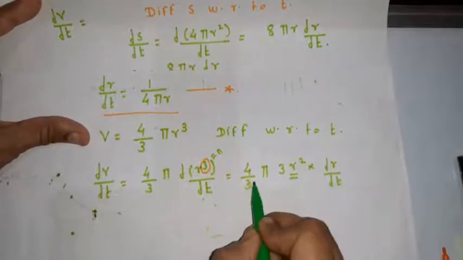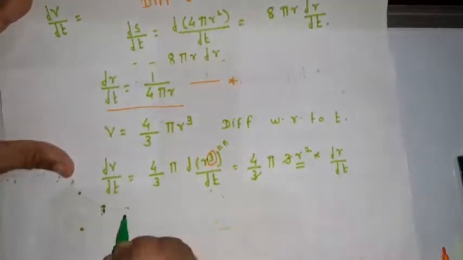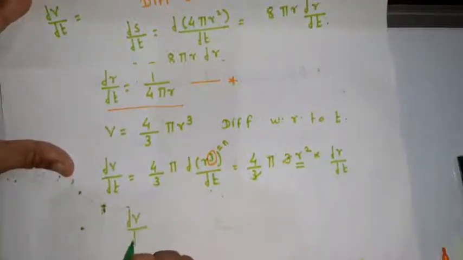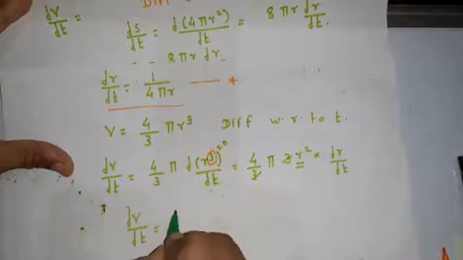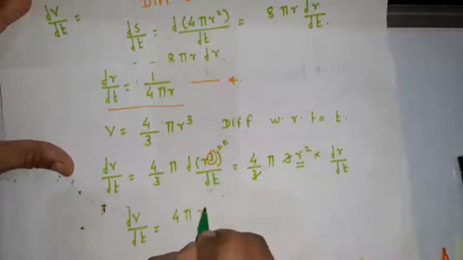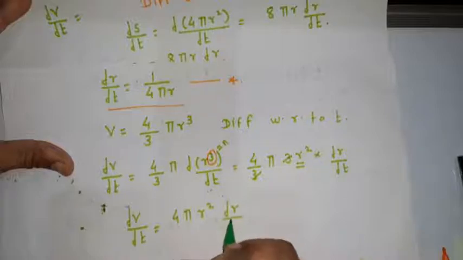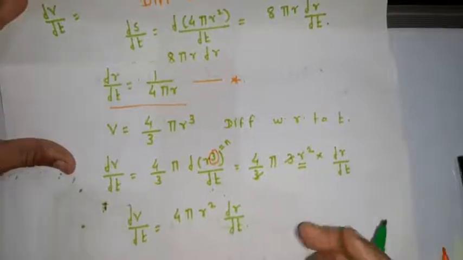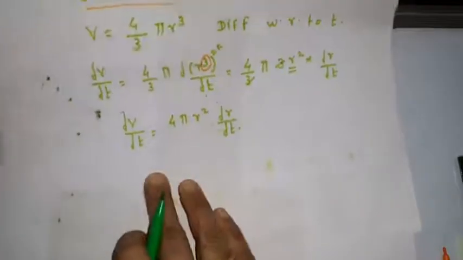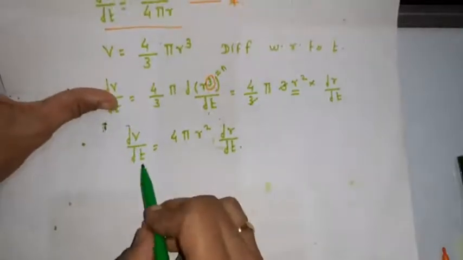Okay students, here 3 gets cancelled, and therefore dv by dt equals 4 pi r square dr by dt. Now this is the required expression for dv by dt.